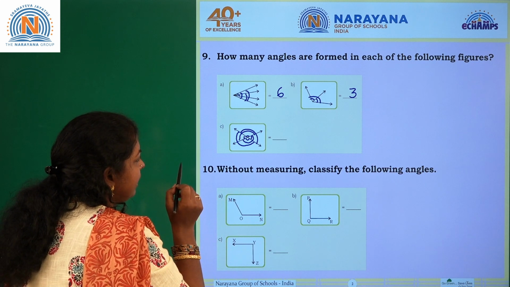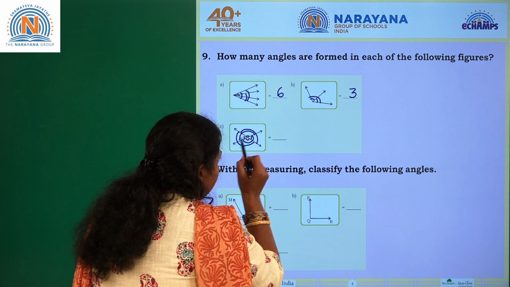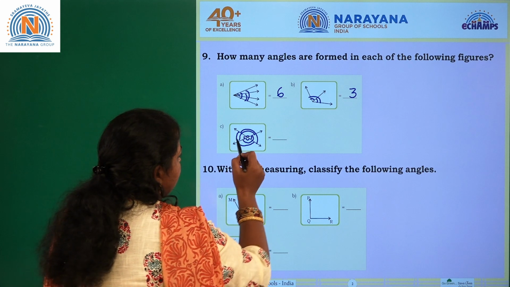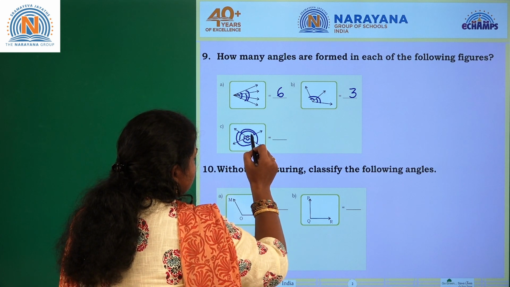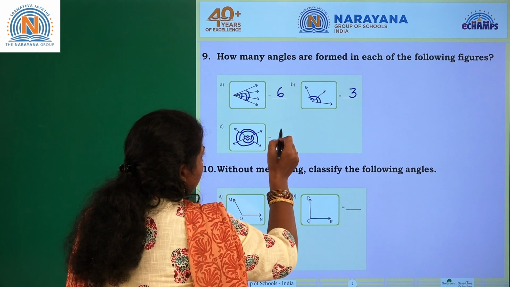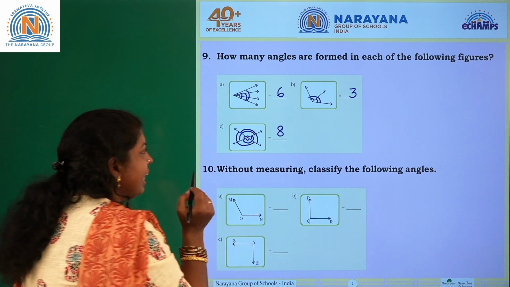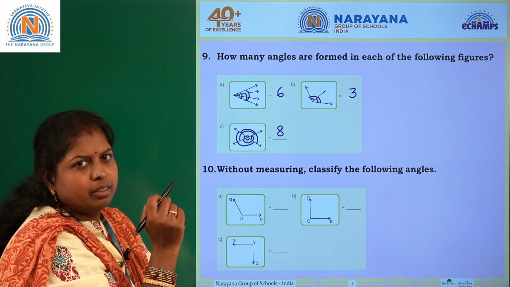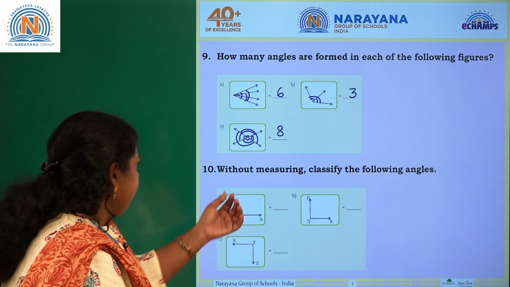So, total how many? In the middle we have formed 4 angles, and on the outside one like this, that means 5th, 6th, 7th and 8th. So, total how many angles? 8 angles. Okay, right.